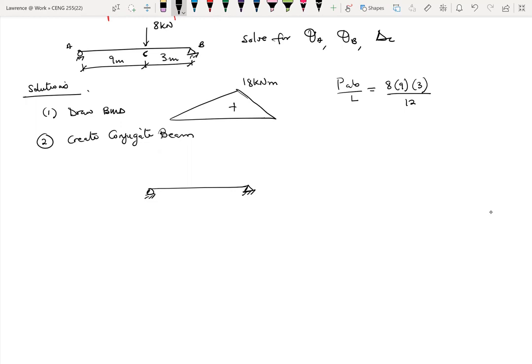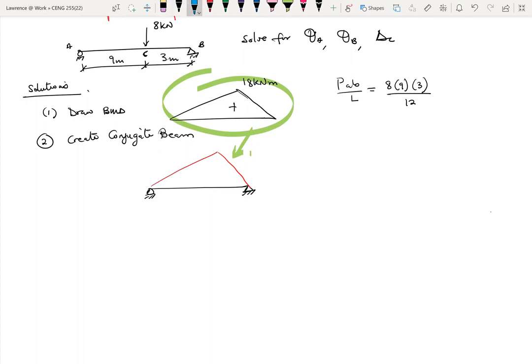So once we create the conjugate beam, the next thing is to load the conjugate beam with what we call the M over EI diagram. The M here is the moment. So the moment over the EI diagram, simply dividing through by EI. So I just put this right on top. Whatever I had in this space, I just bring it back here. That's all. And since it's positive, I place it on the top.